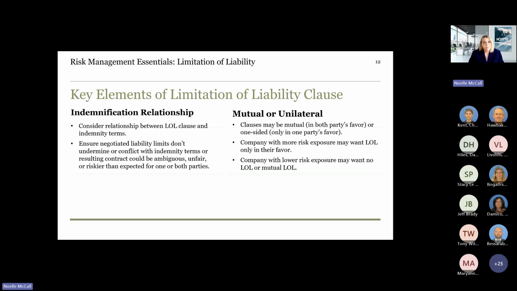These types of clauses can either be mutual or unilateral. So they can be mutual, meaning in both parties' favor, or they can be unilateral or one-sided, only in one party's favor. The company with more risk exposure usually wants a limitation of liability clause only in their favor. And then the company with lower risk exposure may want no limitation of liability, or perhaps make it mutual.